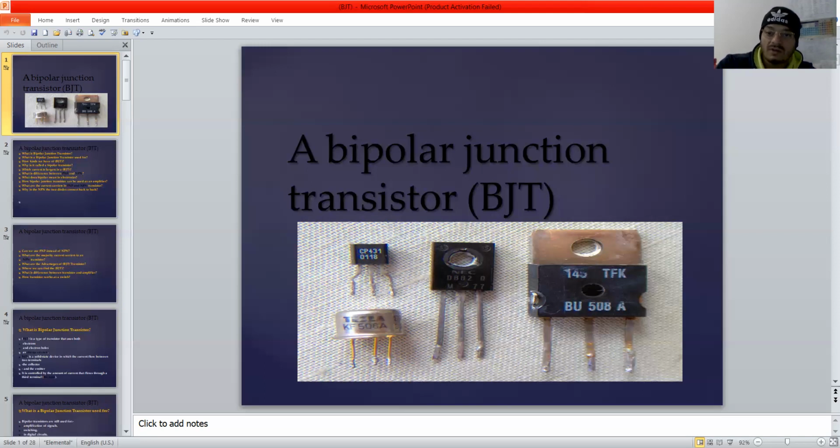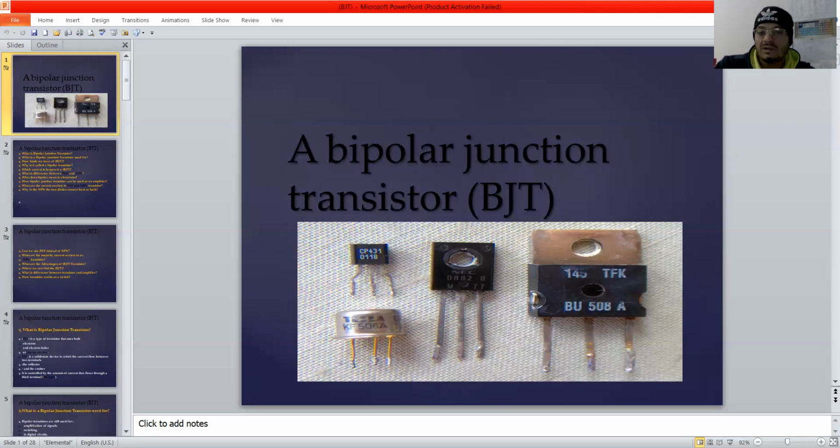The most important thing to us is that two diodes connected back to back can never work as a transistor. What does that mean? It means it will not work like an amplifier.